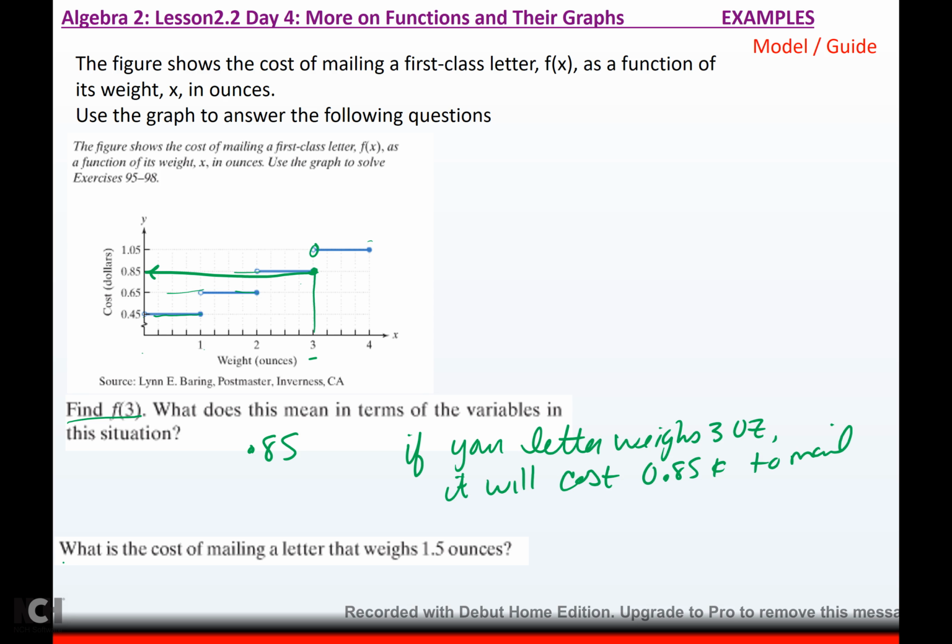Then this one says, what is the cost of mailing a letter that weighs 1.5 ounces? Well, if I go to 1.5 ounces, I don't know what they're counting by, right there in the middle maybe. I go up to the graph, that's right there, so it's going to cost me 65 cents.